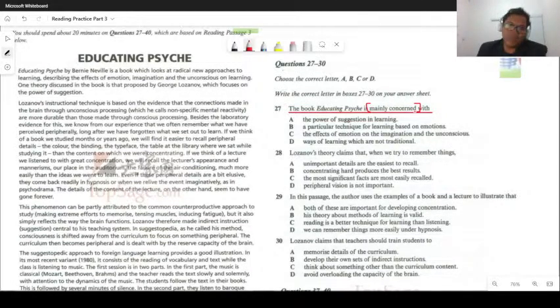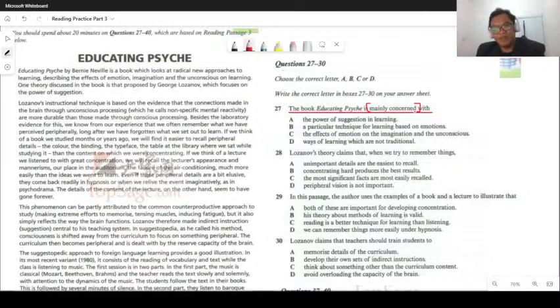Okay, so when it comes to this type of question, the next step that you want to do is, because this is the main topic, you want to focus usually on the first paragraph first and foremost. Now, there are different types of focuses for each question, so I'm going to go through all of them.